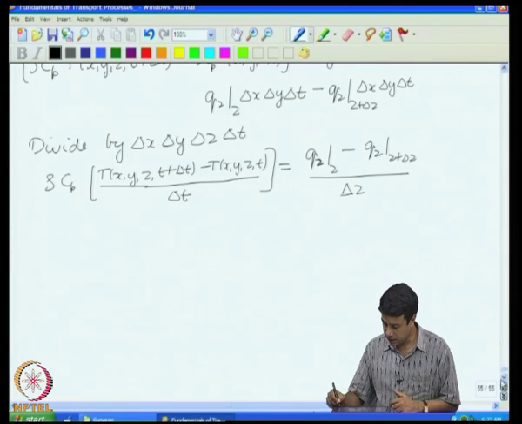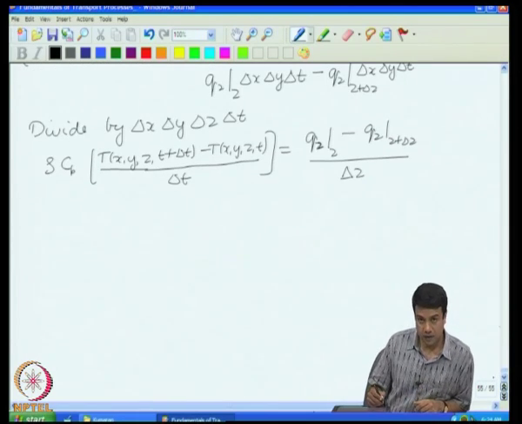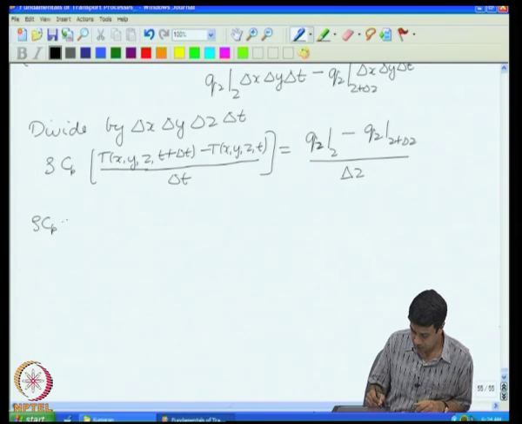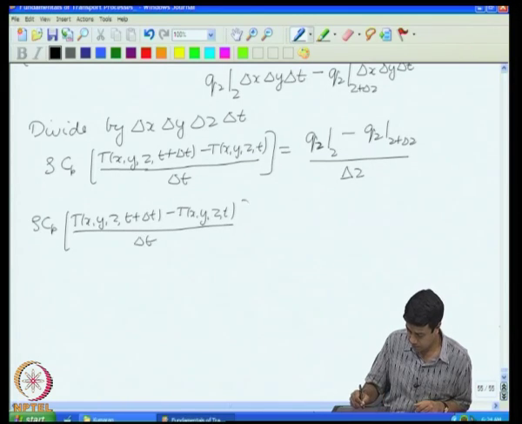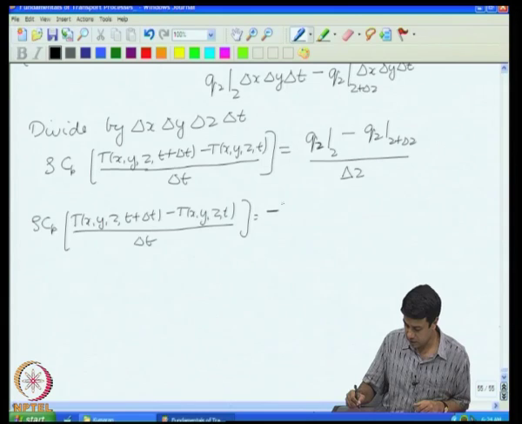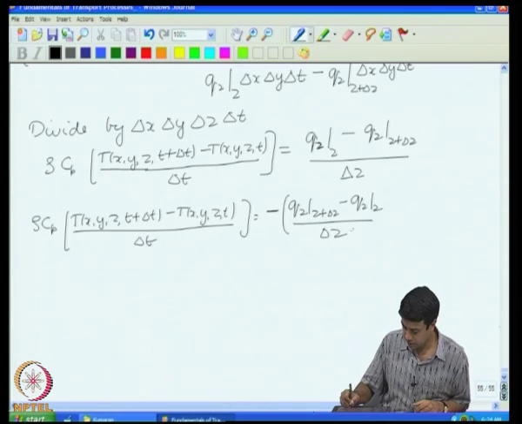I can now rewrite this equation a little bit. On the right hand side, I can write this as minus of Qz at z plus delta z minus Qz at z, divided by delta z.